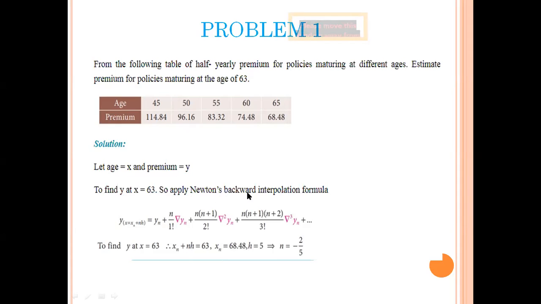Apply Newton's backward interpolation formula, and then we find the n value by using the relation xn plus nh equals 63. Here xn is the last value 65, h is 5, that is the difference between the x values, and n can be calculated as minus 2 by 5.